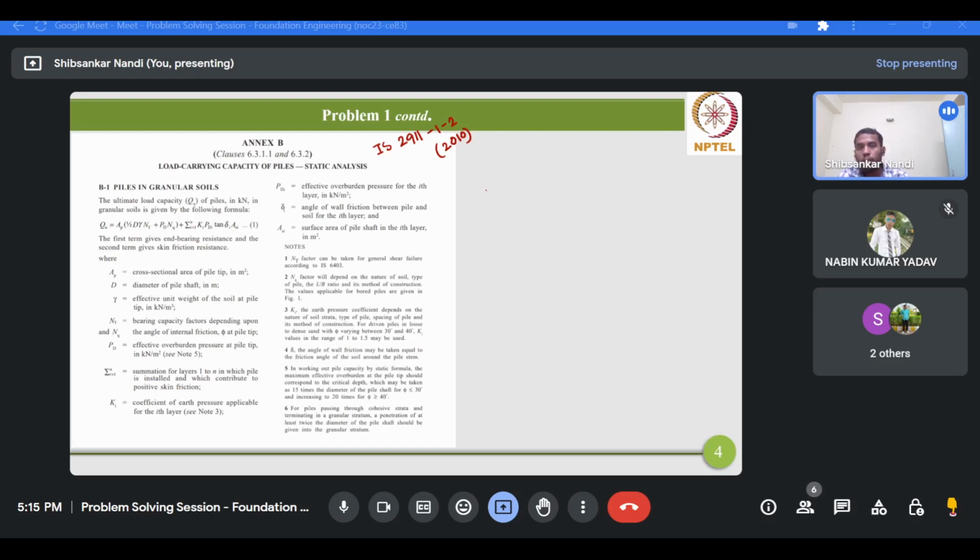Q_U equals A_P (half D gamma N gamma plus P_D N_q) plus summation i equals 1 to n K_i P_Di tan delta_i A_si.